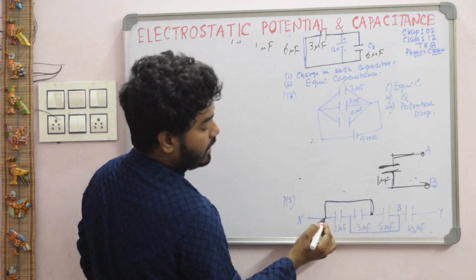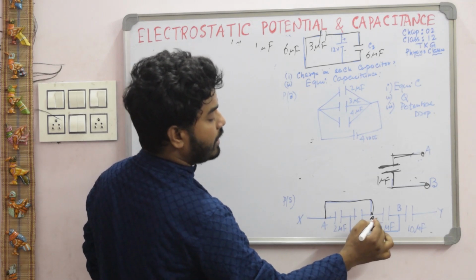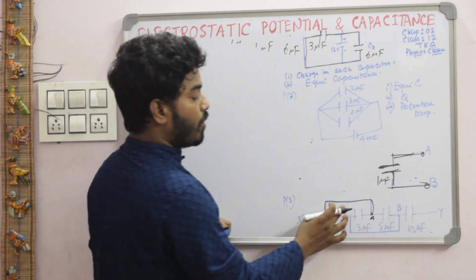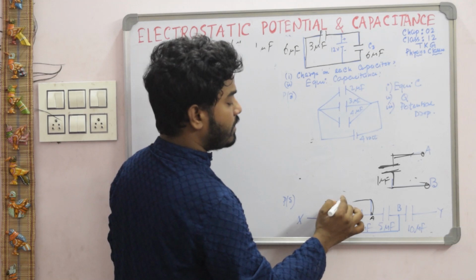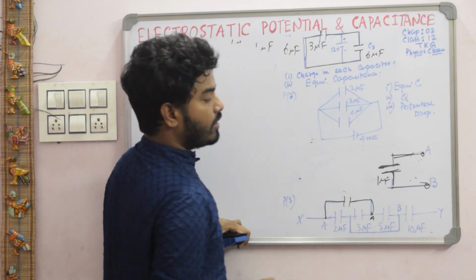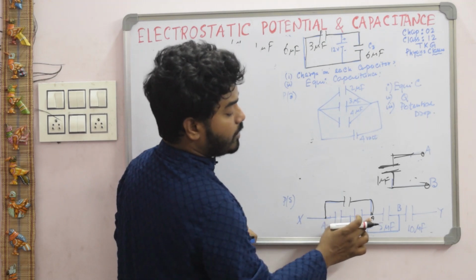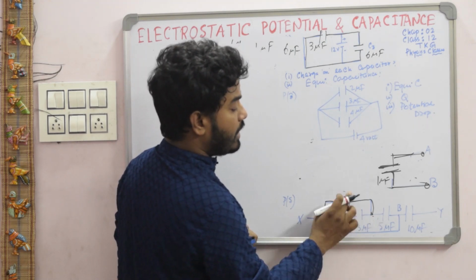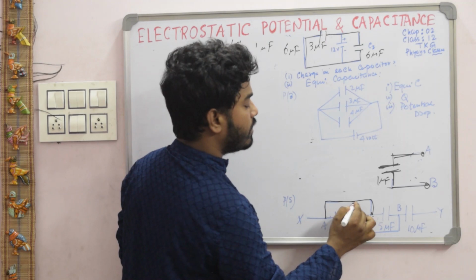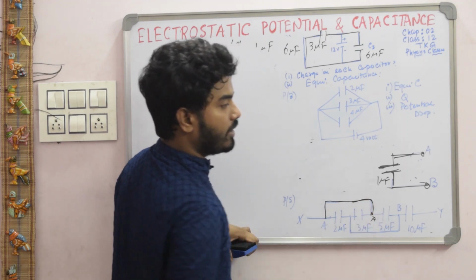So we can say this A point and this A point are the same because there is a wire. But if there is a capacitor, in this condition we cannot say this point is A. But when there is only a wire, we can say this point is A.